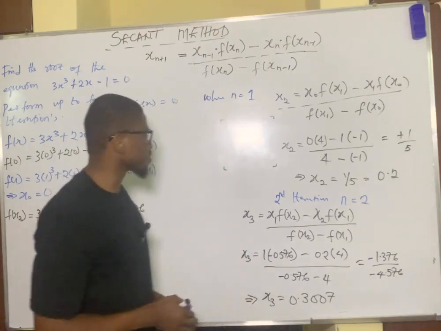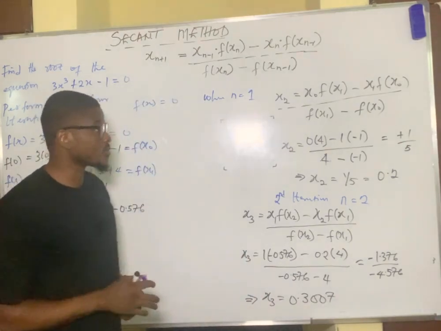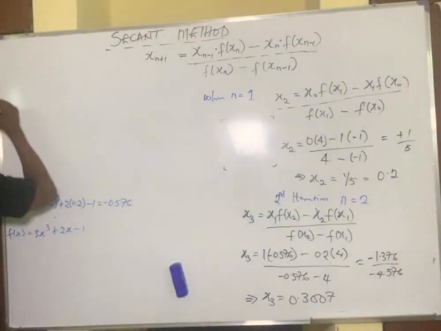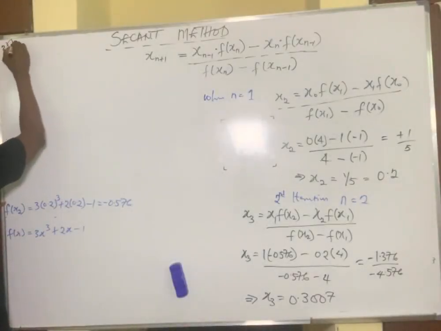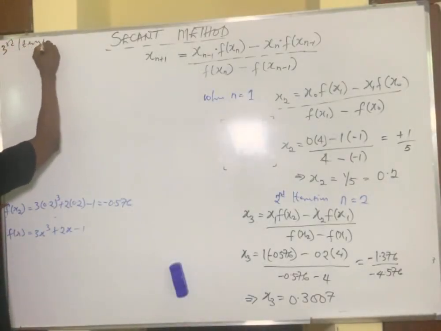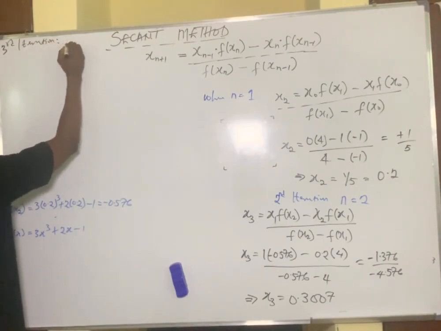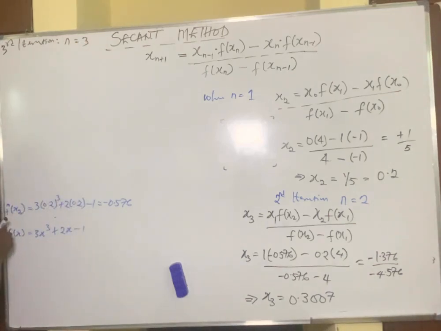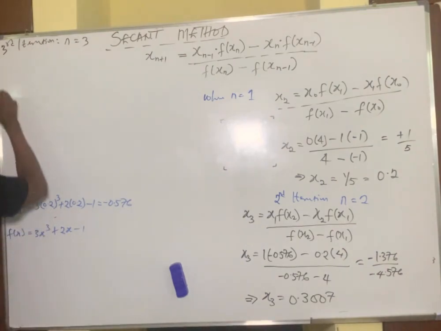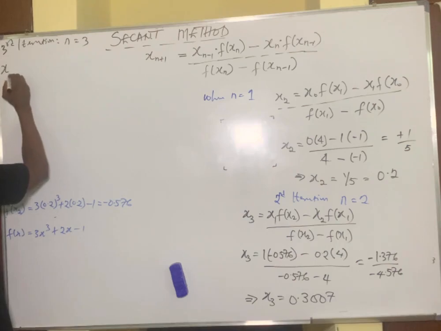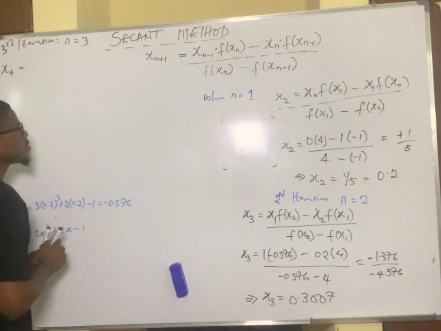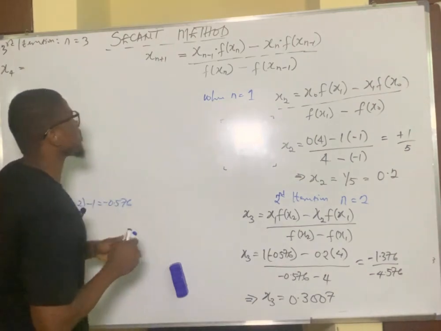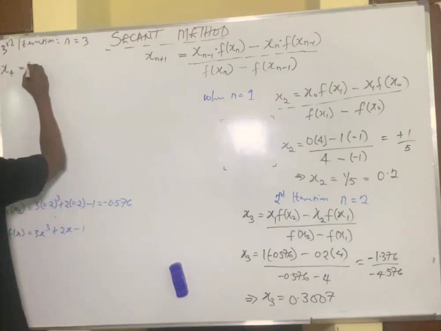So for the third iteration, that is when n is equal to 3. And if n is equal to 3, then the equation becomes n plus 1 there becomes 3 plus 1, which is x4. And that's going to be equal to, basically the same thing, n minus 1 here becomes 3 minus 1, that's x2.